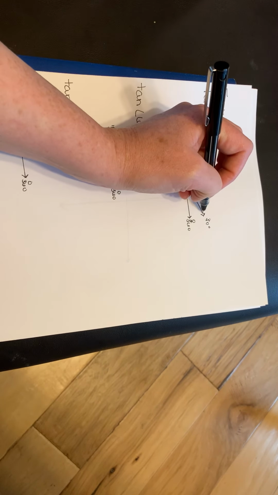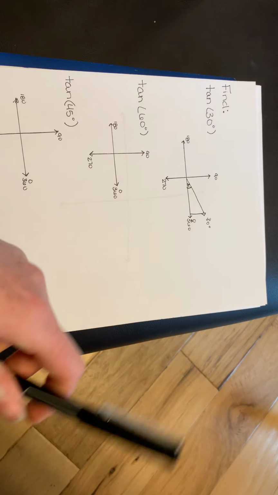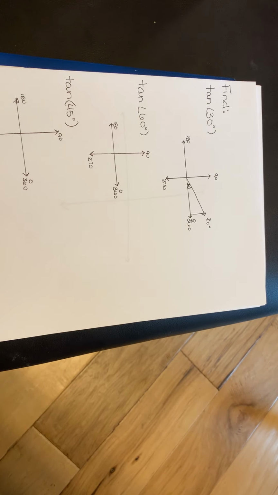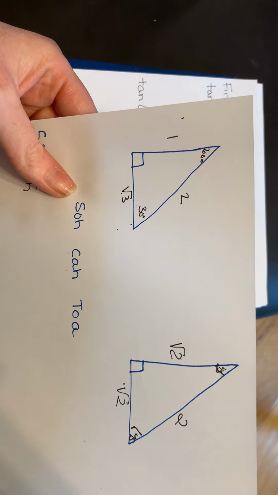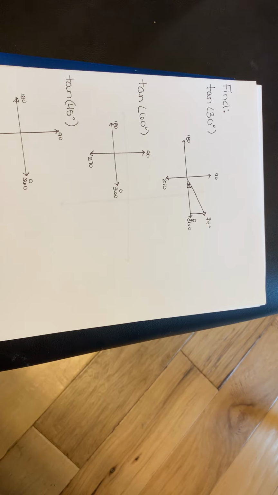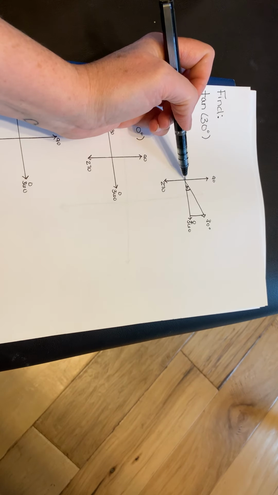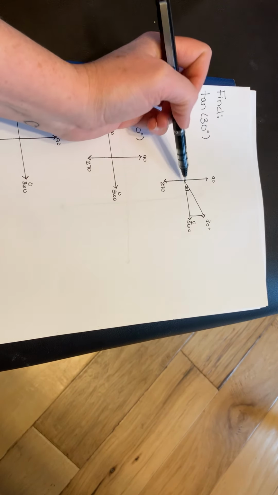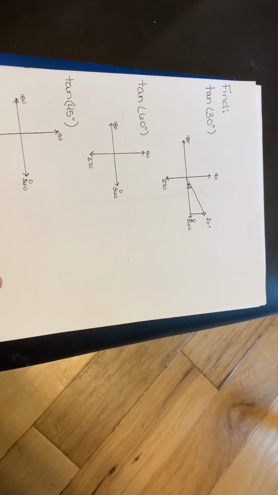Okay, draw a triangle. So with this one, I am dealing with that 30, 60, 90 up here. Remember that your hypotenuse is always 2, so your hypotenuse is going to be the measurement of this side right here.